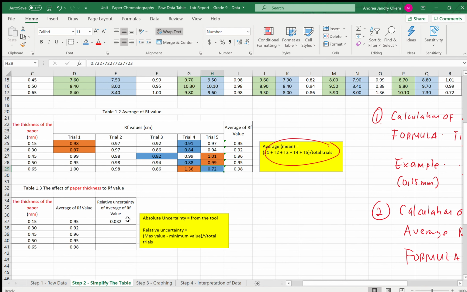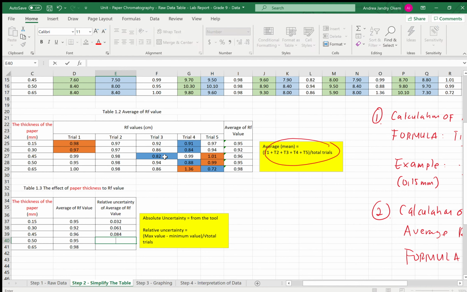So after you find one by one, you can start to type equals, bracket, highest minus lowest, and then you close the bracket, SQRT 5, enter. Equals, bracket, highest minus lowest, SQRT 5, enter.